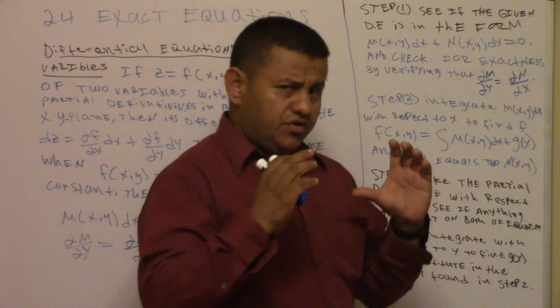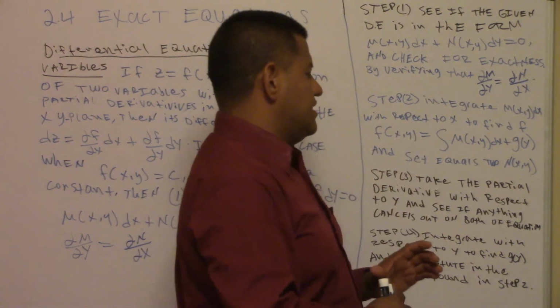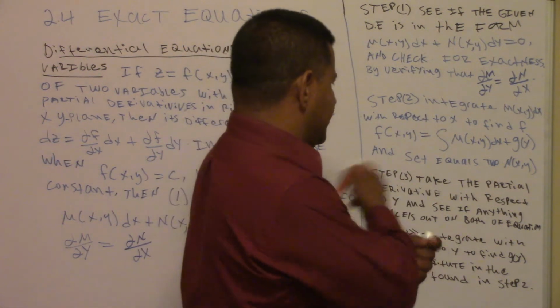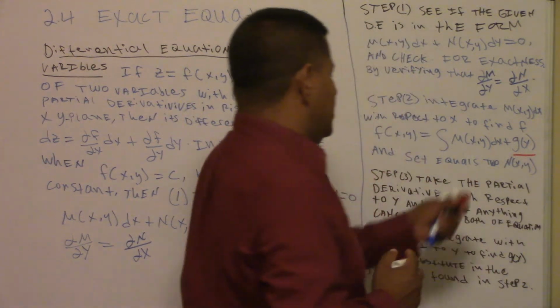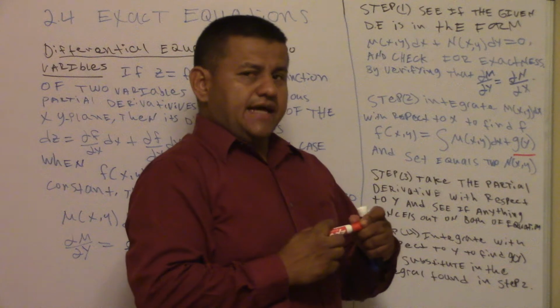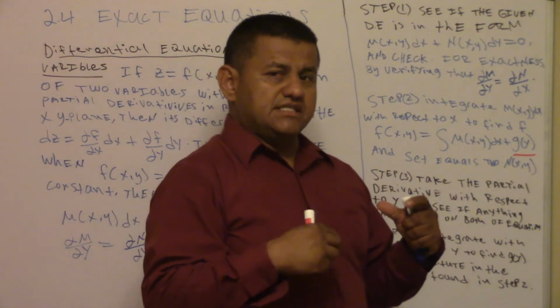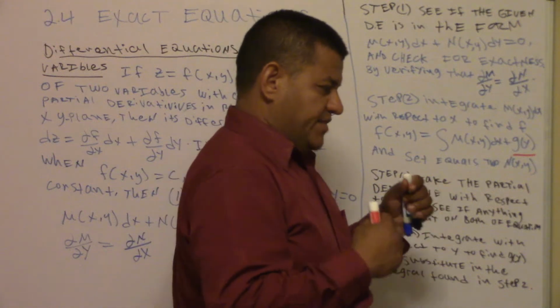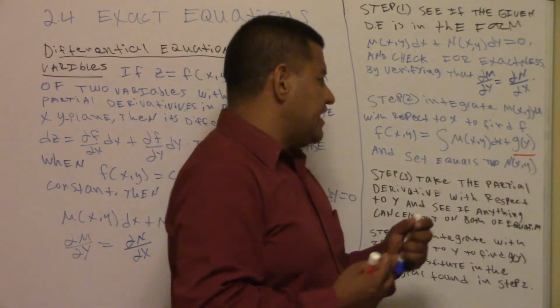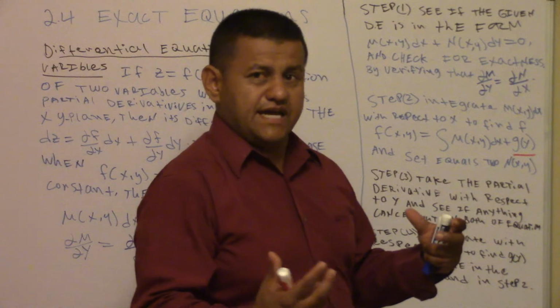Now, this is another important piece, and I say it again, this is important. The g of y is acting like a constant, but it's not a constant like in a regular integral. It's a constant function, okay?